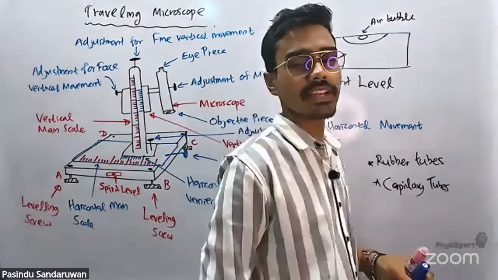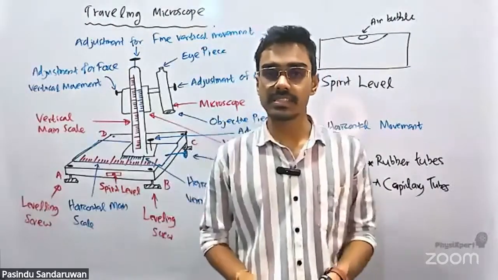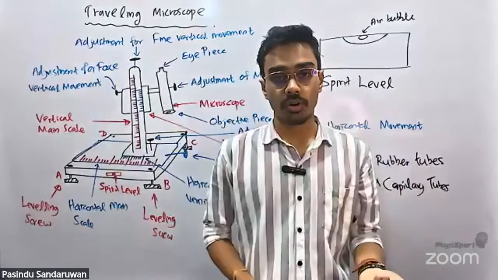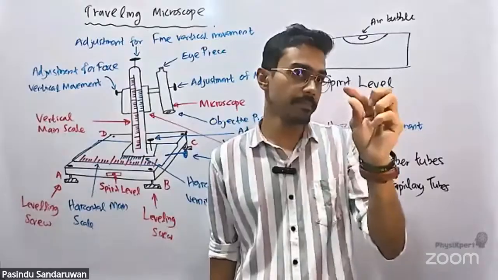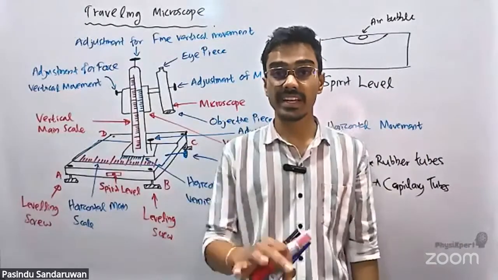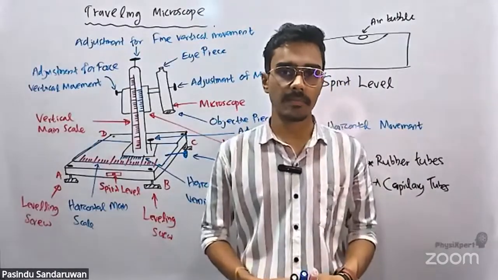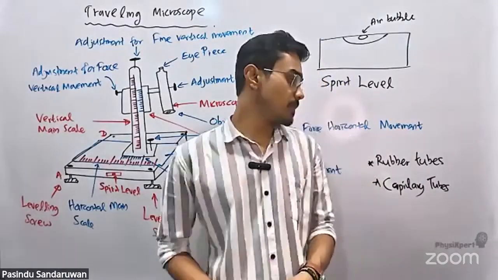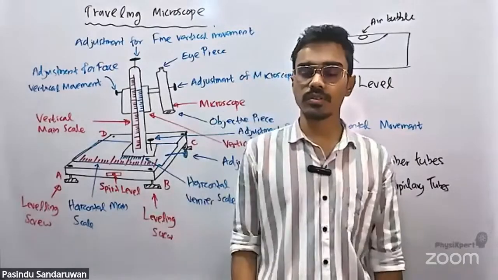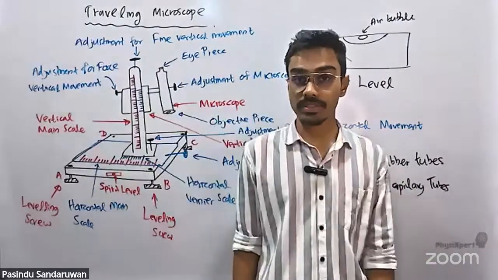Capillary tubes are very small tubes. Since this consists of a microscope, we can see those endpoints and edges very clearly. Therefore, to measure diameters of capillary tubes also, the traveling microscope is used.